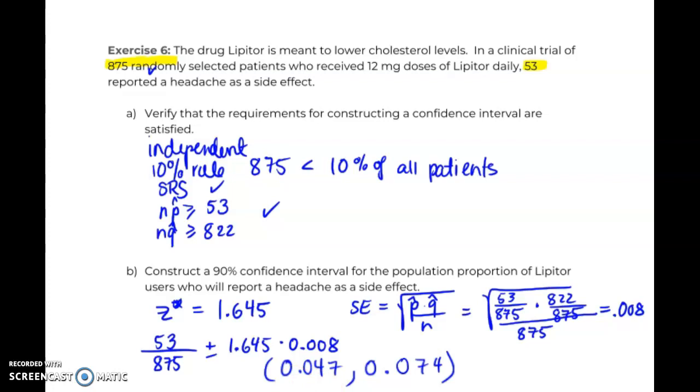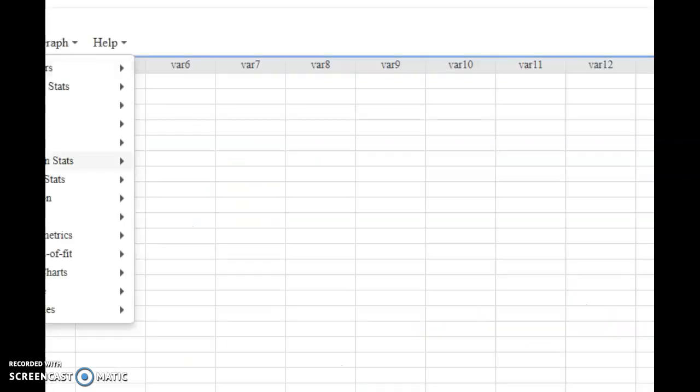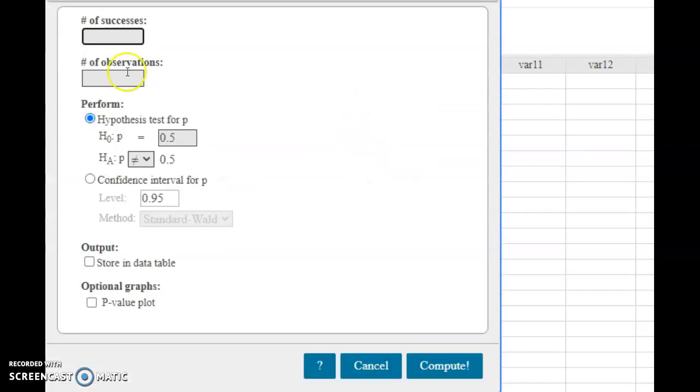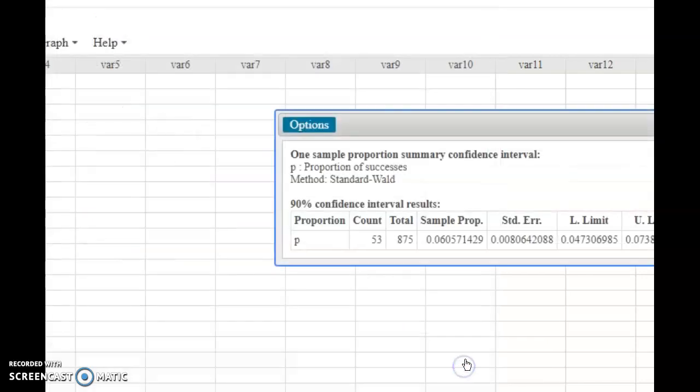And just to show you that we can do the same calculation on StatCrunch, we're going to go over to StatCrunch. We're going to go to Stat, Proportion Stats, One Sample with Summary. We're going to put in our number of successes, which was 53, and our number of observations, which is 875. We're going to do a confidence interval at 0.9 and hit compute.